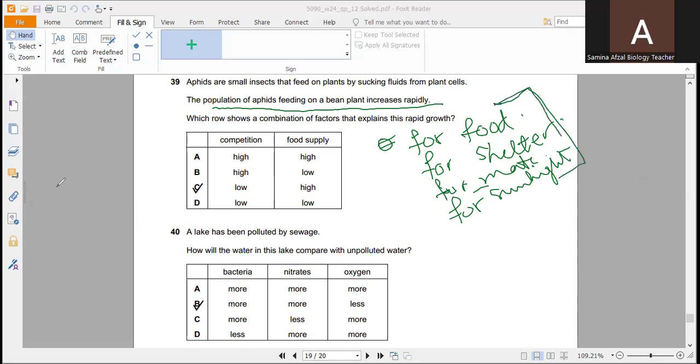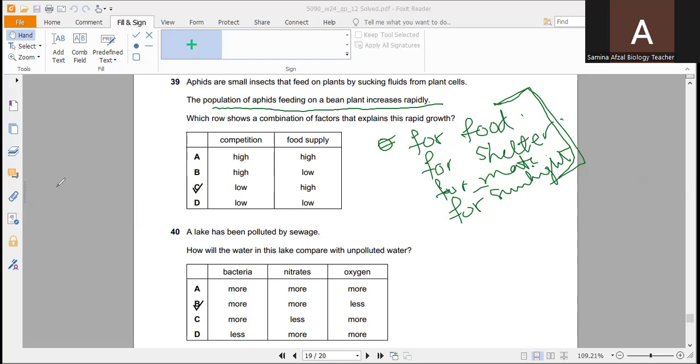So the organisms compete with one another for all these things. If competition is there, it means the food supply is low. If they are not competing with one another, it means food supply is high.